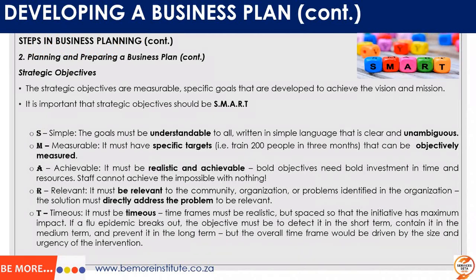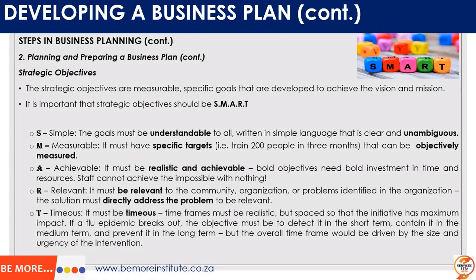Right. As part of your planning and preparing, another aspect going hand in glove with your vision, mission and strategic objectives: I think we're all familiar with the objectives needing to be SMART. They need to be simple, so everybody understands them. They are unambiguous. They are measurable, so you have specific targets that can be objectively measured.